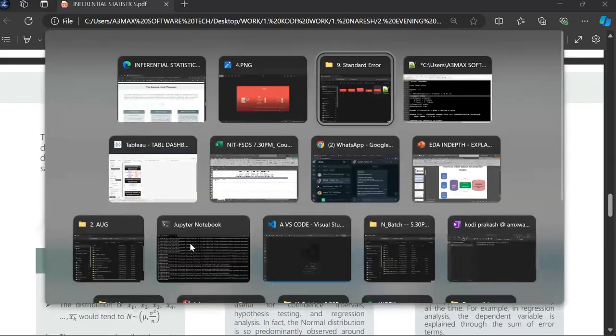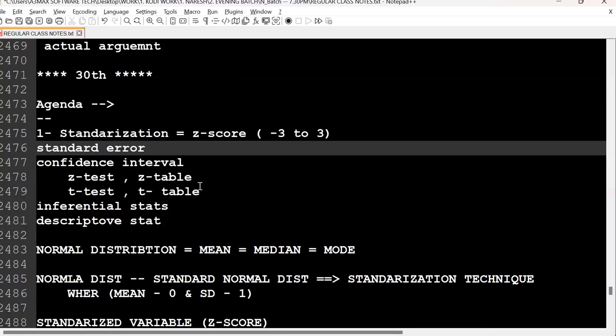So this is the second one. Are you clear? Two parts. First one, standardization or Z-score. Second one, standard error, sigma by root n. Just remember this, I'll come back to the solutions next.